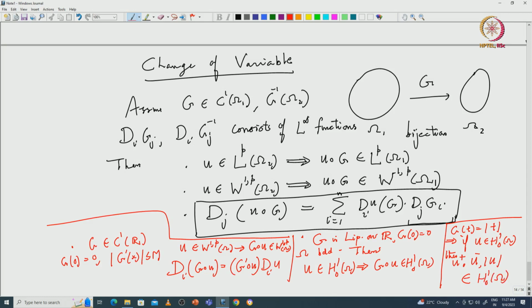So, we may use this either during the eigenvalue problem study or in some other situations. u plus is the maximum of u and 0, u minus is the maximum of minus u and 0. And once u plus and u minus are there, mod u is also in H1 naught of omega.